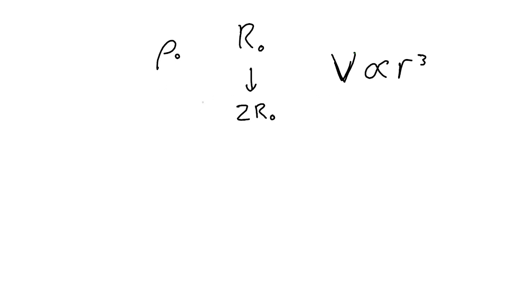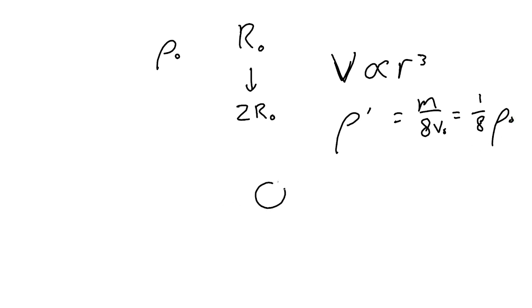Which means that our density, since our mass stays constant, is going to be equal to our original mass divided by 8 times its original volume, which means that it's going to be equal to 1/8 of our original density.